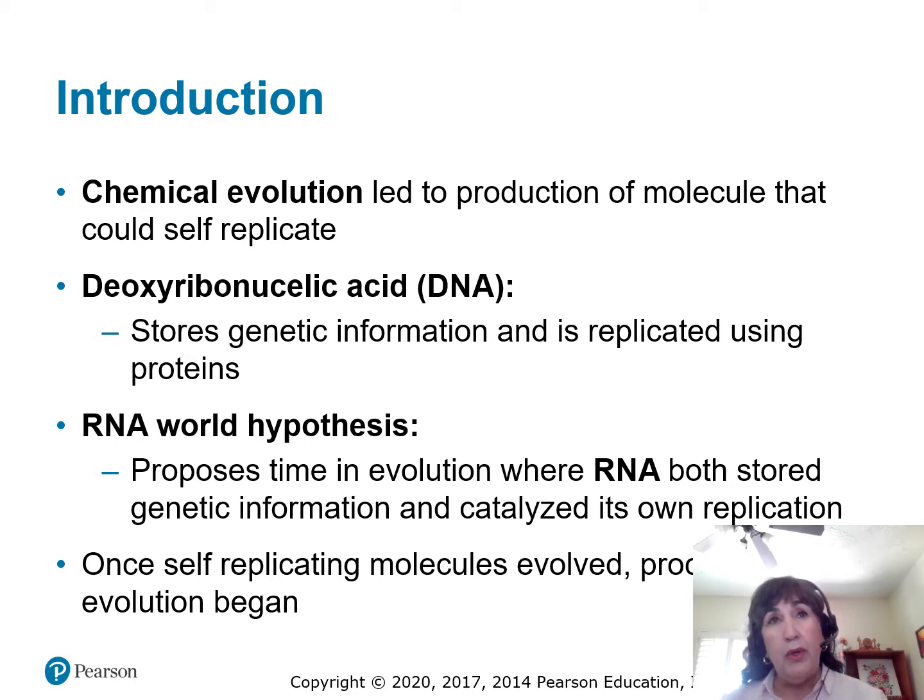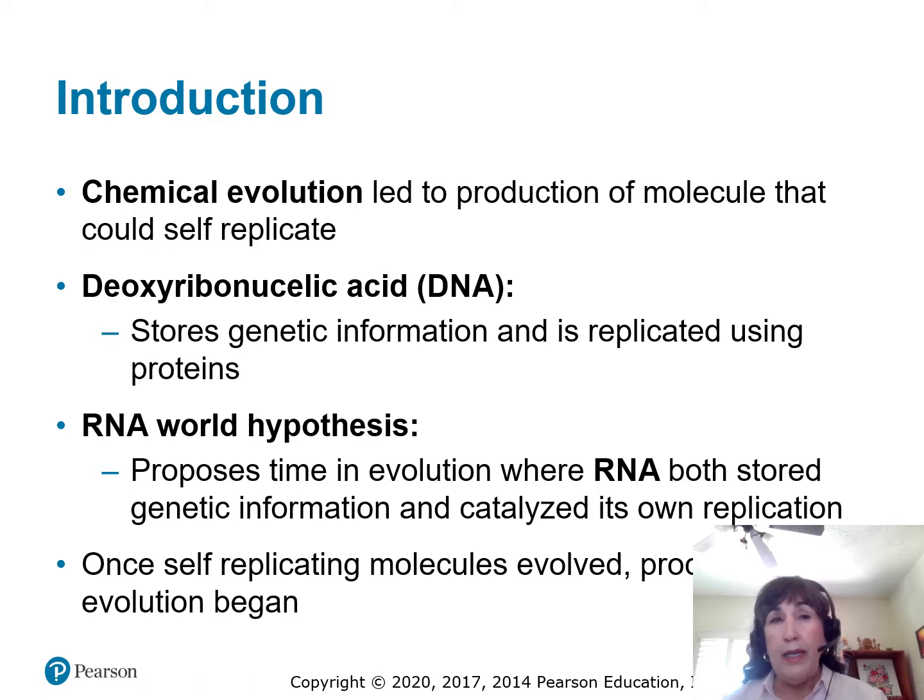So we'll go through this chapter and we'll take a look at both information molecules, DNA and RNA. DNA stands for deoxyribonucleic acid, and DNA stores genetic information and is replicated with the help of proteins.